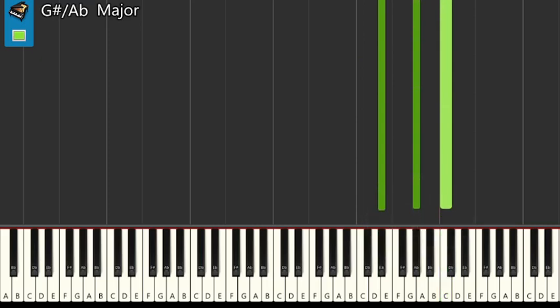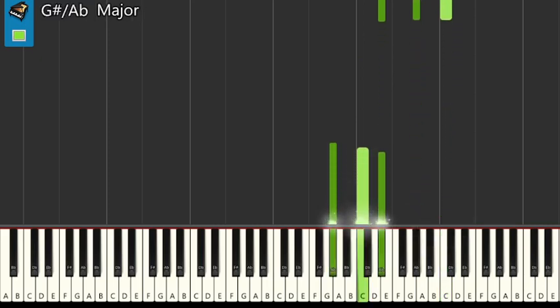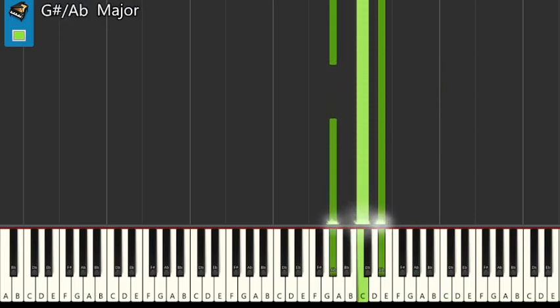What does that mean? Let's go back to the root. If you look at the root chord, the root chord is the root position. The second note in this root chord is the first inversion. The third note in this root chord is the second inversion.